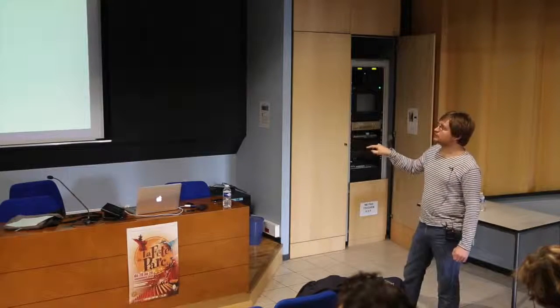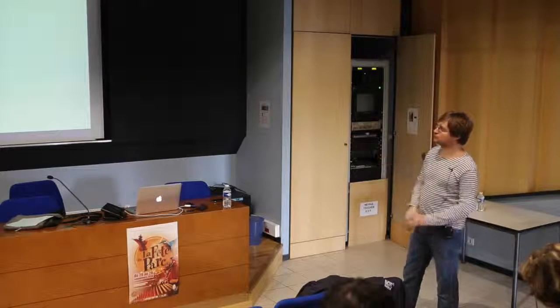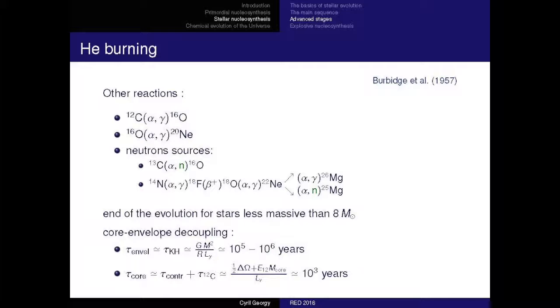Two other reactions are interesting, we'll see later why. It's because they are neutron sources, in that you can have carbon-13 in your core that will capture an alpha particle and release a neutron to produce oxygen-16. And as well here, you have this chain of reactions between nitrogen-14, fluorine-18, oxygen-18, neon-22.